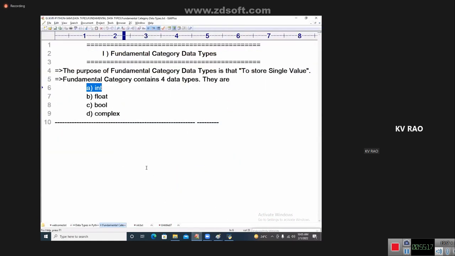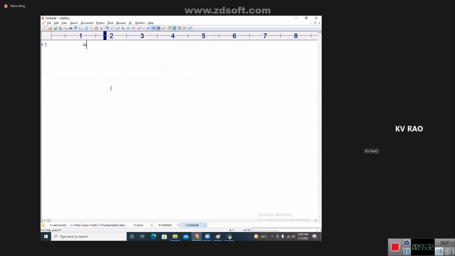Now I'm talking about number systems. One number system value I want to convert to another number system value. At this point of time, I want to talk about one concept here. What is that concept? Base conversion techniques.